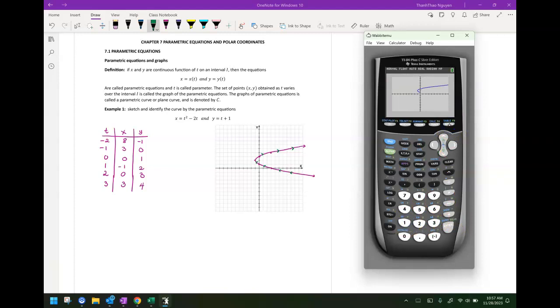And here we have a parabola. Let's change our window. Let's start t at, say, -10, max at 10, because I want to get the full looking graph. Okay, and let's take a look at the graph again. So here we have a parabola that opens in the horizontal direction.